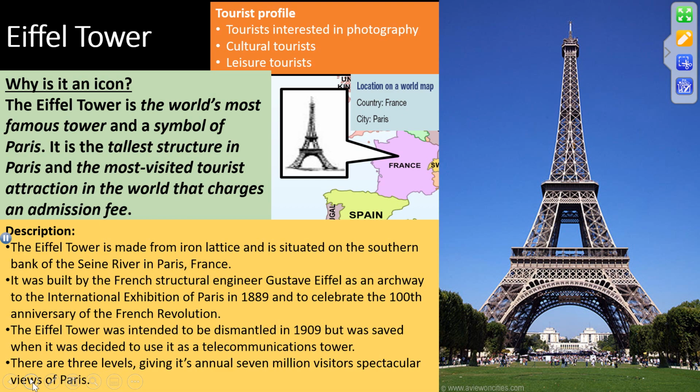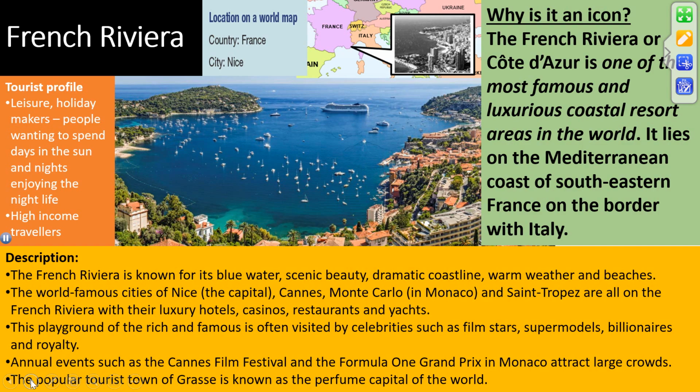We have another destination to visit in France, and that is called the French Riviera. Have a look at the image on the top center of your screen. There you will see where the French Riviera is located, on the coast, close to the border with Italy.